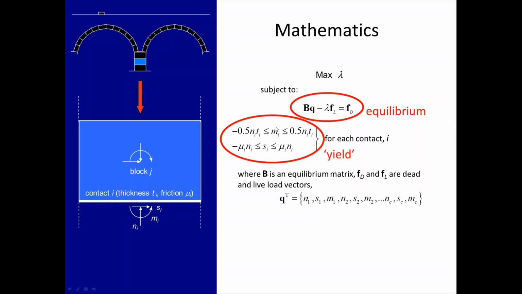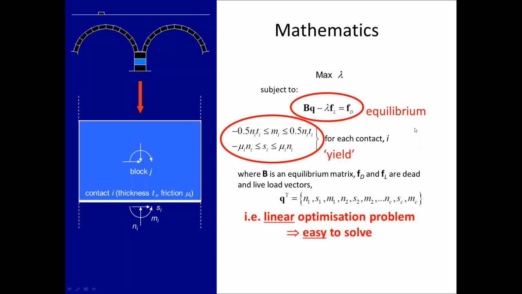The upper one is actually a rocking constraint, which says that the moment can't exceed the normal force times half the thickness. And that, in this particular case, is assuming infinite compressive strength. It looks slightly different if we include a limiting compressive stress.